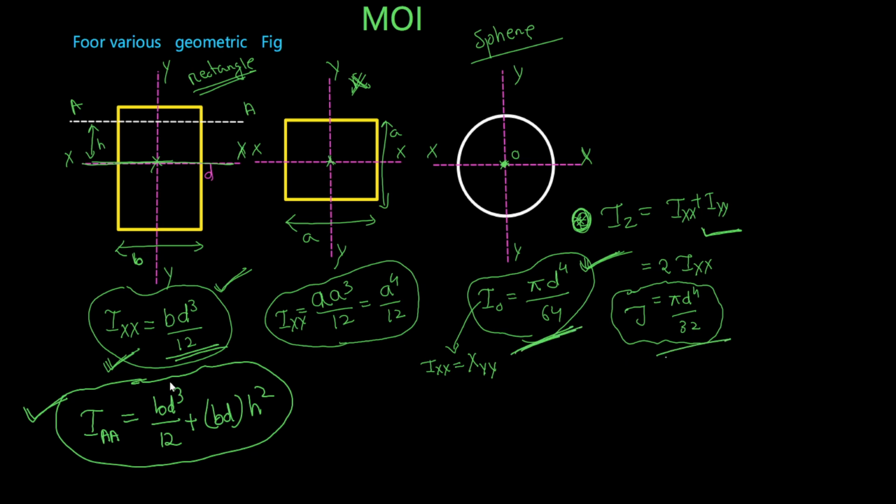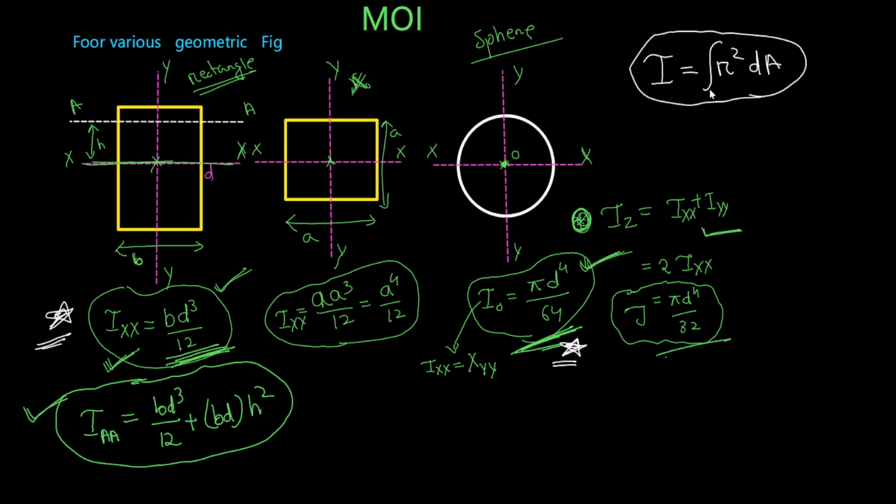If you know these two formulas, with the help of them I will give you some complex figures. So in total you have to remember the formulas for the rectangle and the circle, and you know the formula of area moment of inertia, which is nothing but the integral of r square dA. You have to take the double integration of this, or you can write it in a similar way: summation of r square dA, having a unit of meter fourth.